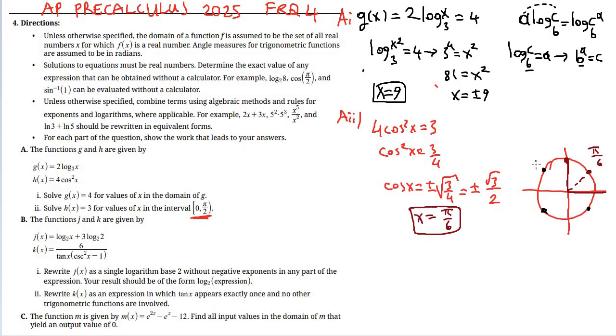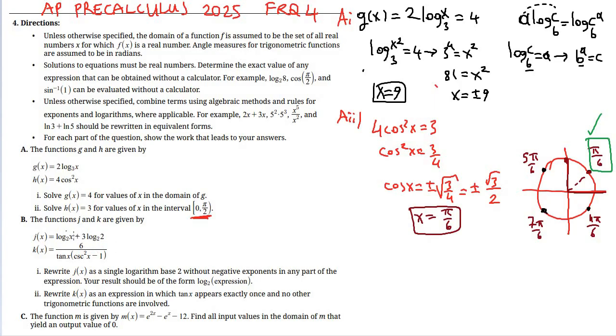The other values, 5 pi over 6, 7 pi over 6 and 11 pi over 6, are not in the domain. So this is the only answer.